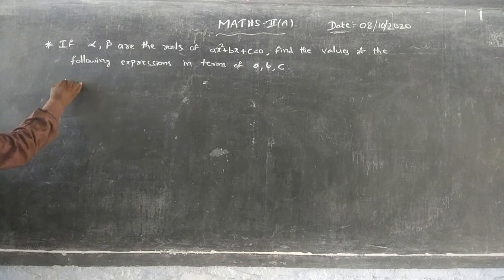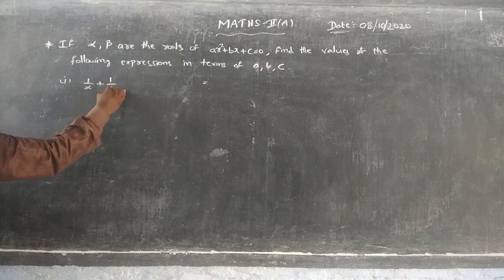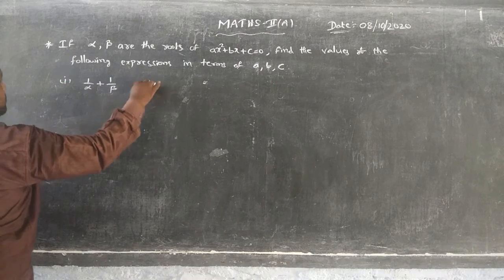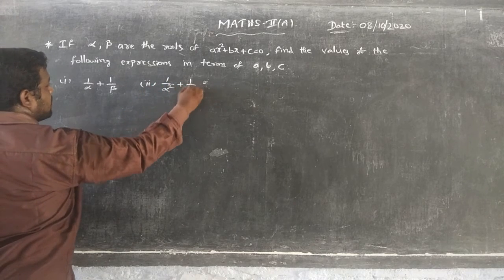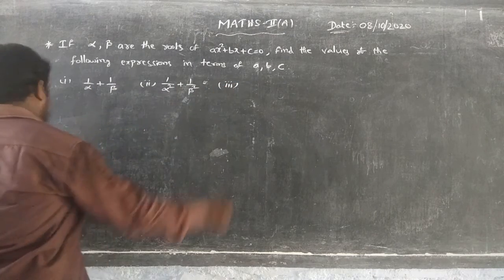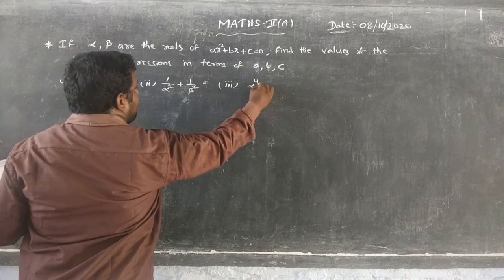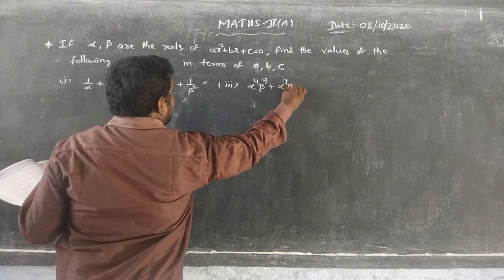First one, 1 by alpha plus 1 by beta. Second one, 1 by alpha square plus 1 by beta square. Third one, alpha power 4 beta power 7 plus alpha power 7 beta power 4.